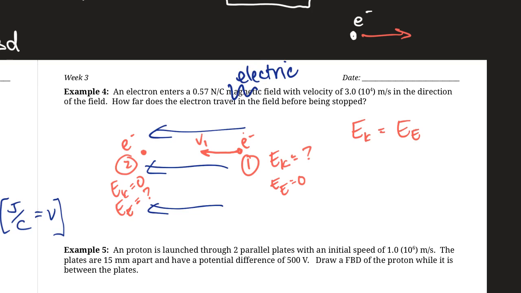And we have an equation for each one of these. Our kinetic energy is 1/2 mv squared, and our electric potential energy is equal to epsilon q delta d, right? We're trying to solve for delta d. We want to know how far it travels before stopping, right? So this is essentially what we're trying to find.